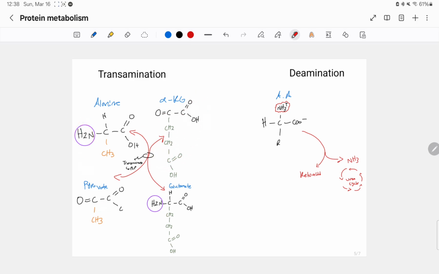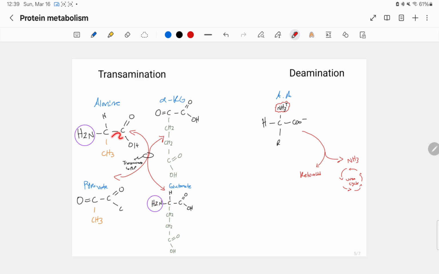Take an example here: alpha-ketoglutarate, which, if you remember, is an intermediate in the Krebs cycle. It's a keto acid. Look at its structure. Isn't it oddly similar to the structure of glutamate, the amino acid? It is the exact carbon backbone skeleton. The only thing it's missing is this amine group.